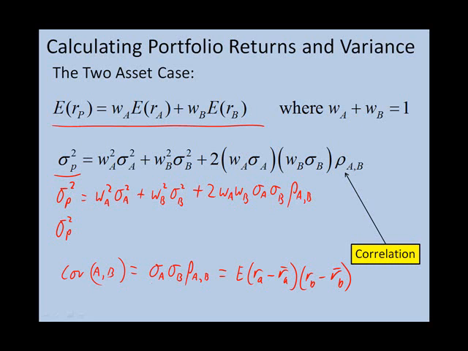Notice that the formula for covariance here, sigma A times sigma B times rho AB, is also up here in our expression for portfolio variance. We can substitute it in then.